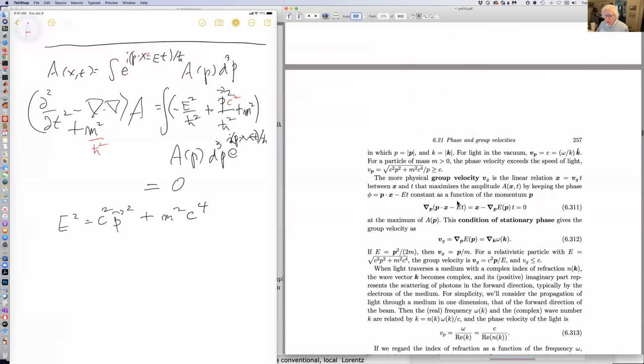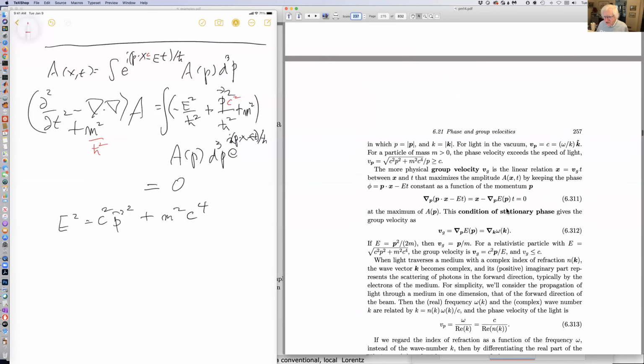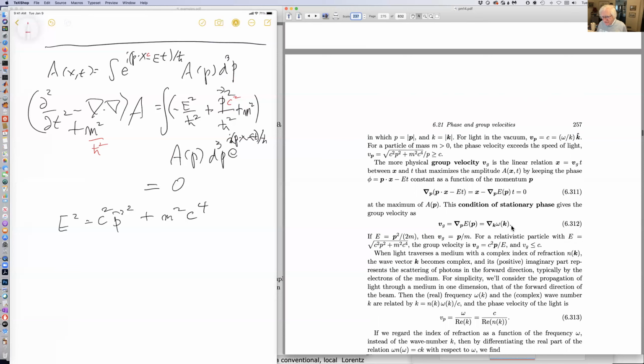And so we say then that the gradient with respect to momentum of p dot x minus Et should vanish. And of course, that gives us x minus grad_p of E(p) times t. And then that gives us a stationary phase relation that Vg is just the gradient of the energy, the momentum gradient of the energy, or the k gradient of the frequency.